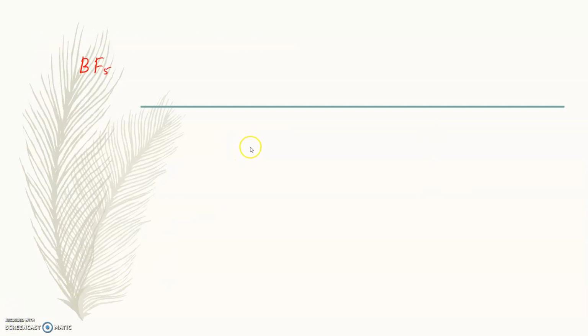For the last one, bromine pentafluoride. The same steps. Bromine has 7 valence electrons in group 17, same as fluorine, but there are 5 fluorine atoms. So total is 42 valence electrons.